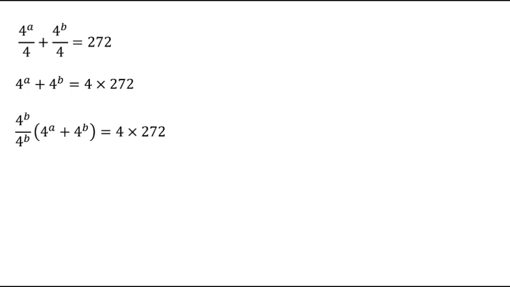Again multiply and divide the left hand side by 4^b and take this 4^b into the bracket. 4^b gets cancelled.